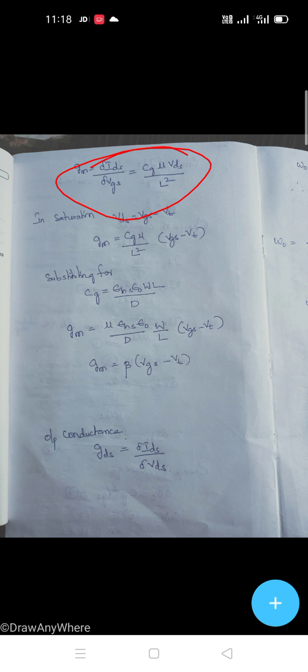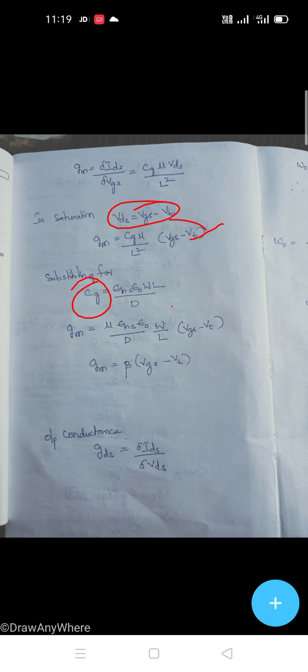GM, the transconductance factor. After that, in saturation, we can write VDS is equal to VGS minus VT. Substituting this VDS in the equation, we get the transconductance factor GM is equal to Cg into mu into VGS minus VT by L square. We also have the channel capacitance Cg value, epsilon into epsilon naught WL by D. This relation is also from the IDS versus VDS relationship.